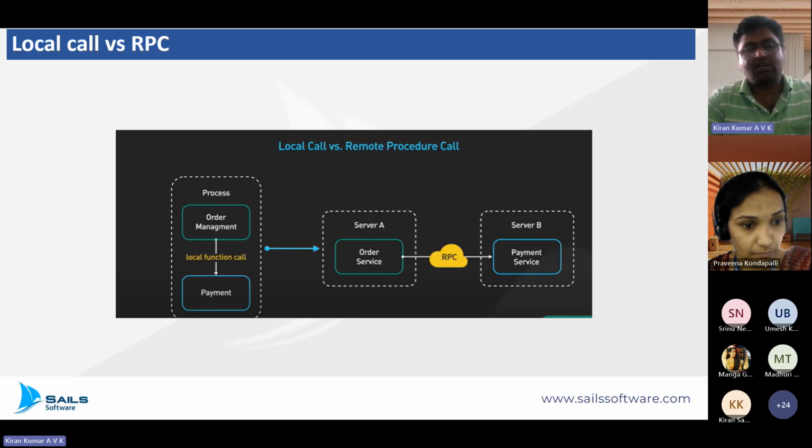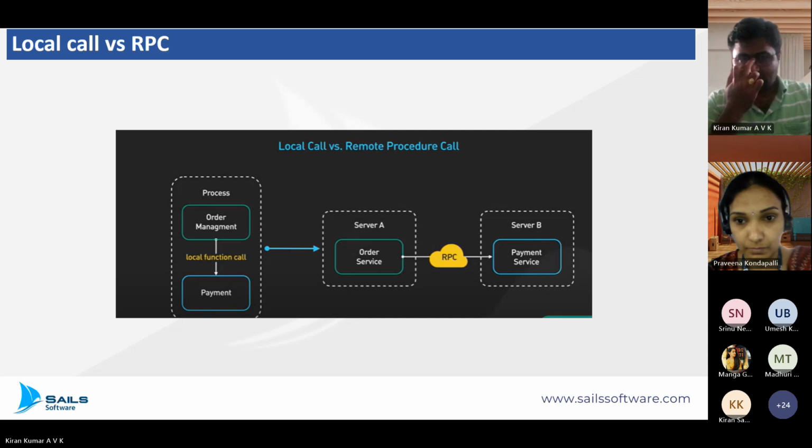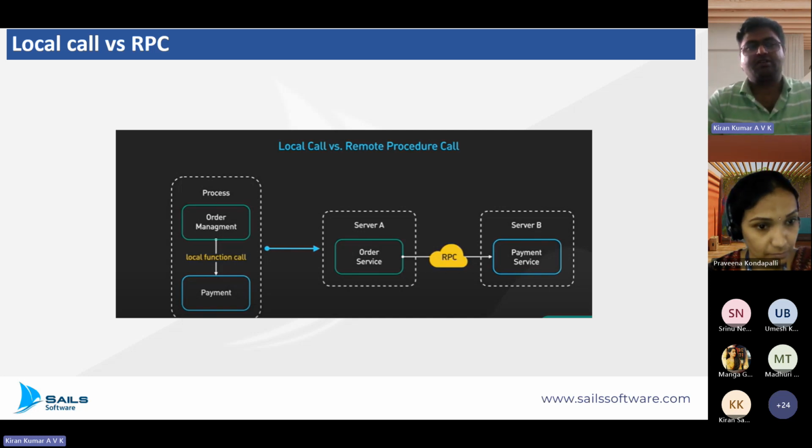However, if they are on different servers, you can call the methods using an RPC framework so that it looks like a local method call, though you are actually calling a method in a service on another server. So if RPC is already there, why gRPC? We'll see why it is needed.